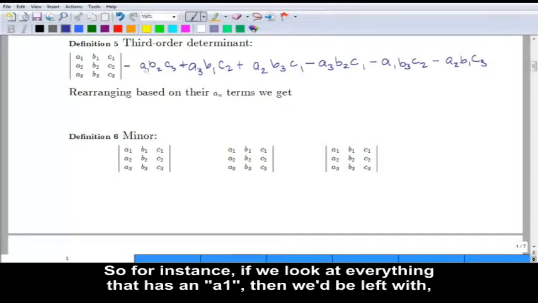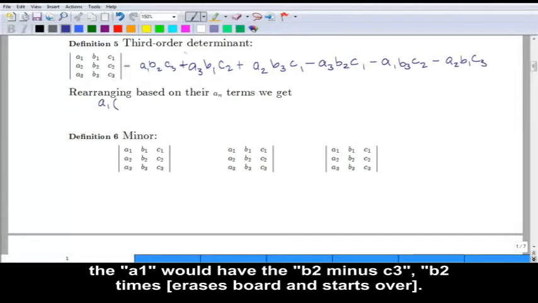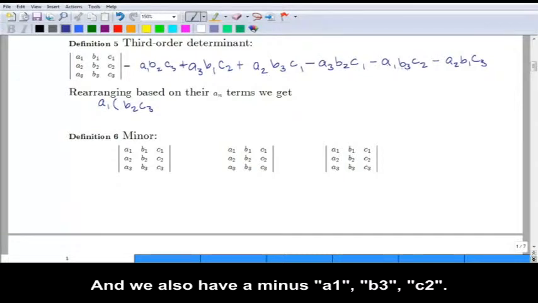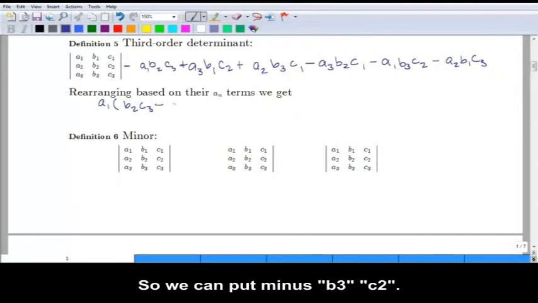So for instance, if we look at everything that has an A1, then we have A1 times B2 times C3. We also have a minus A1 B3 C2, so we can put A1 times B2 C3 minus B3 C2.